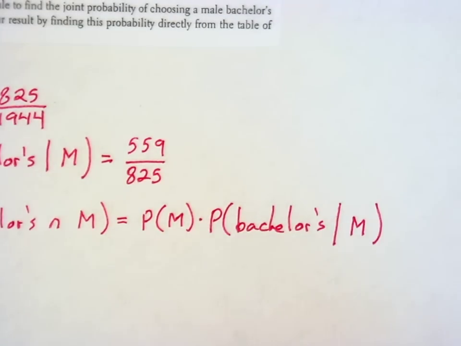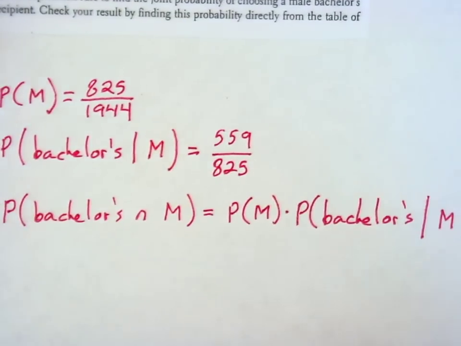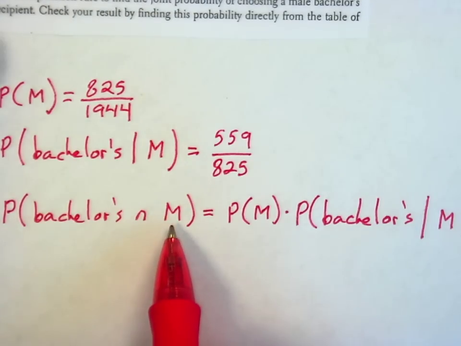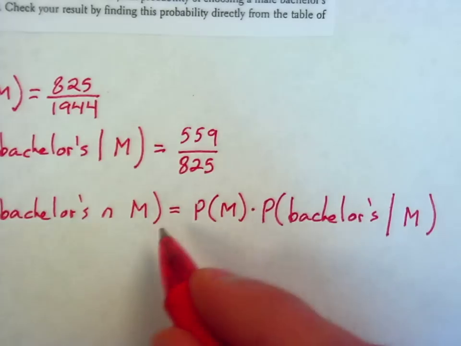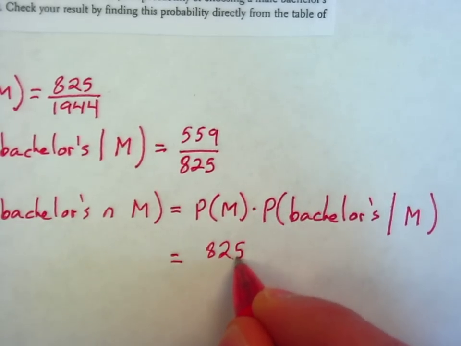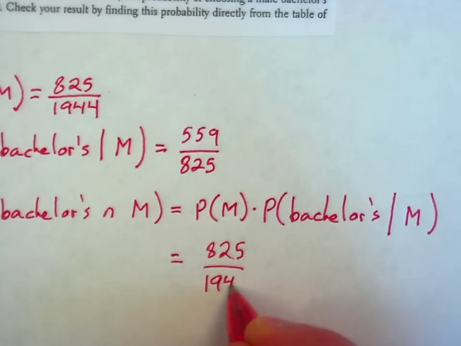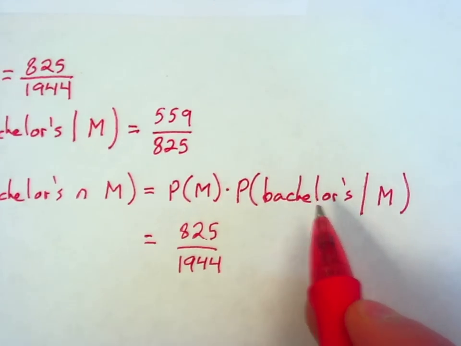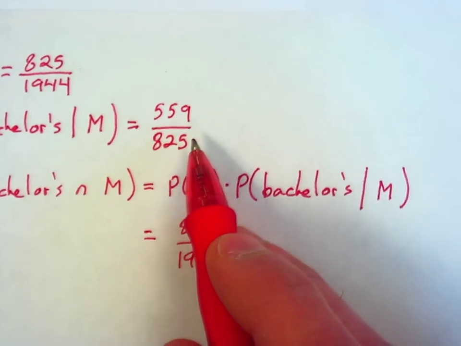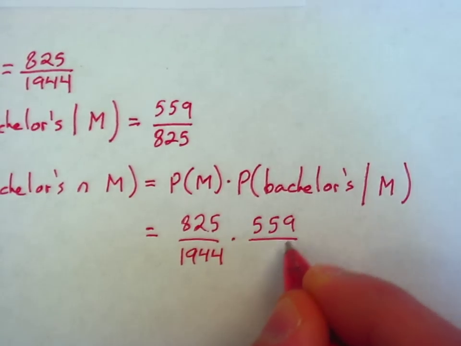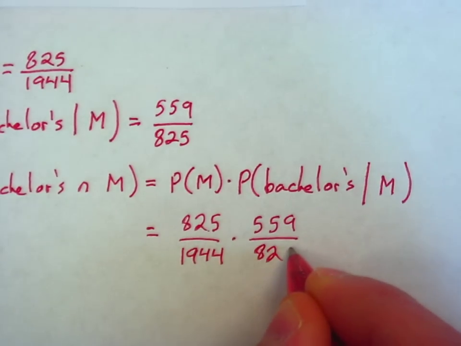So now understand, we've already calculated these values, so this right here is the joint probability, having a bachelor's degree and being a male. So here, the probability of a male, I've got from part A, that's 825 over 1944. The probability then of having the bachelor's degree, given that I'm only looking at the males, I calculated that in part B. That is 559 divided by 825.